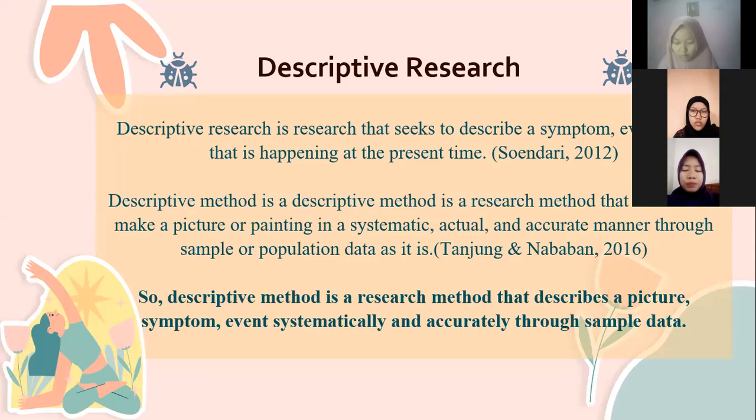According to Sundari, 2012, the descriptive method is a research method that is shown to make a picture or painting in a systematic, actual, and accurate manner of sample or population data as it is, according to Tanjung and Nabarban 2016. So, the descriptive method is a research method that describes a feature, symptom, or event systematically and accurately from sample data.